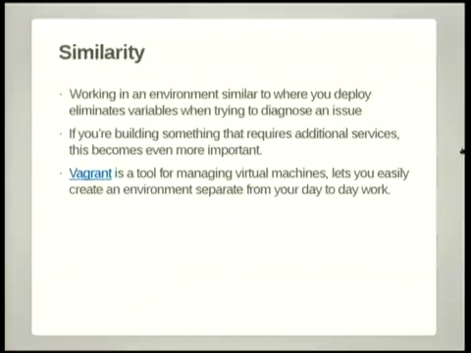And finally, this idea of similarity. Having an environment that's similar to your production environment eliminates one big question mark when you're trying to debug a large system. So there's a tool called Vagrant that we're not going to talk about this afternoon, but I encourage you to go look at. It's basically a way that you can manage virtual machines on your local laptop for development purposes.